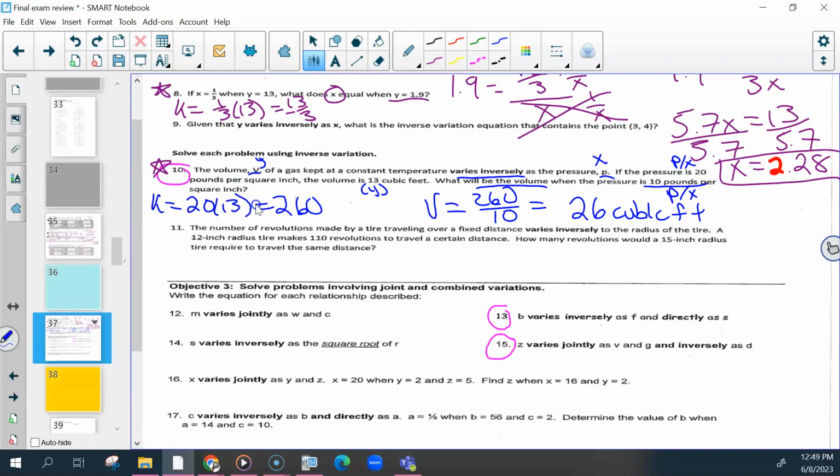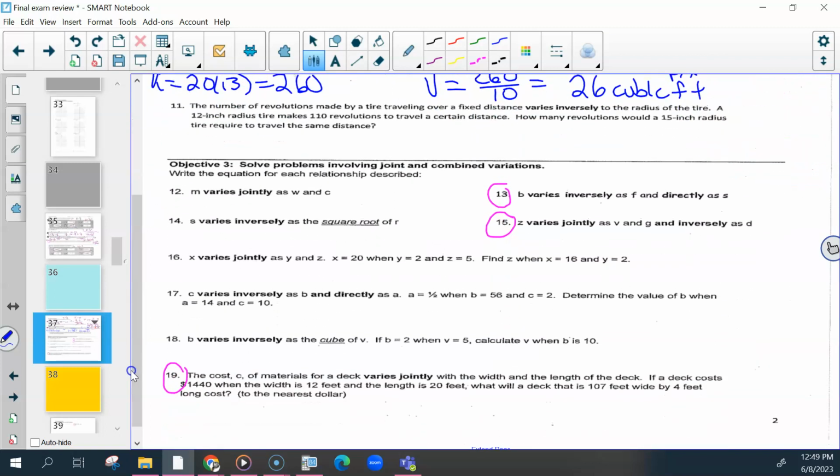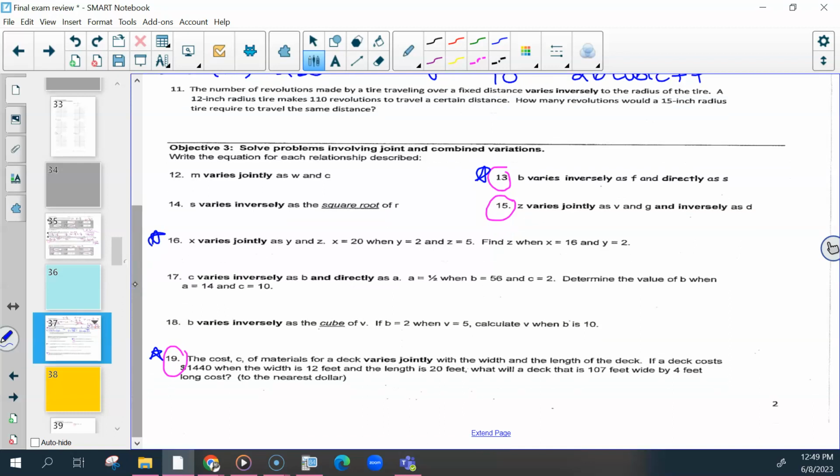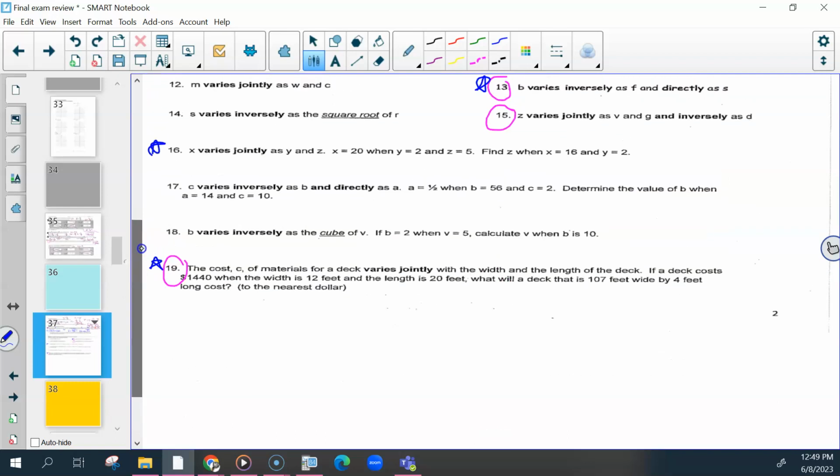Twelve through 19. What questions do we have there? 19. How about 13? Setting up the equation.